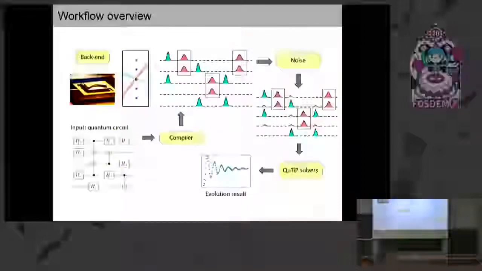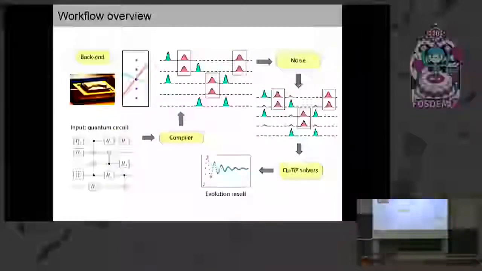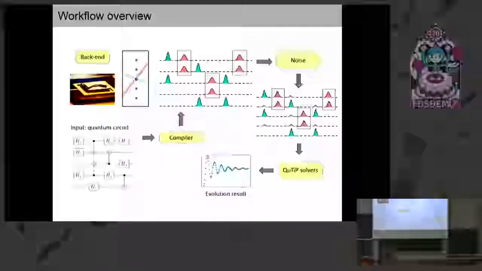So in a more illustrative way, here is a figure for the workflow. Basically, you choose some predefined backend and compiler, and you give your quantum circuit as input. The compiler will then transform your circuit into the ideal control pulse of this certain device.